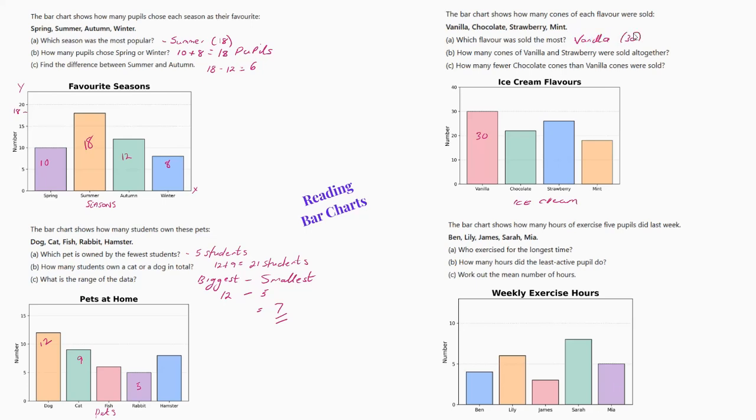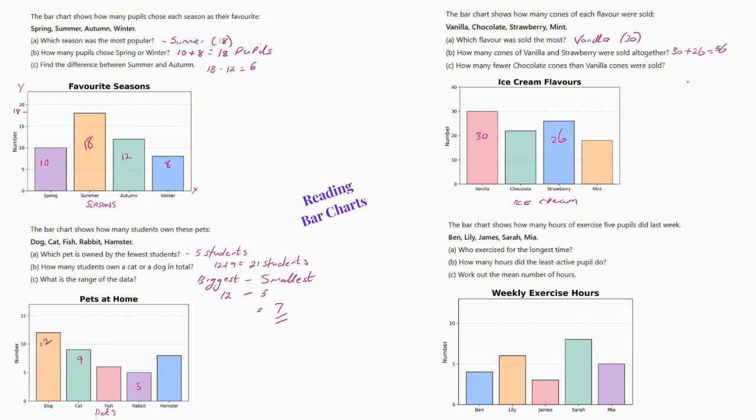How many cones of vanilla and strawberry were sold together? So we have vanilla's 30 and strawberry is, I'd say, about 26. So sold together, that'll be 30 plus 26, which gives us 56 cones.